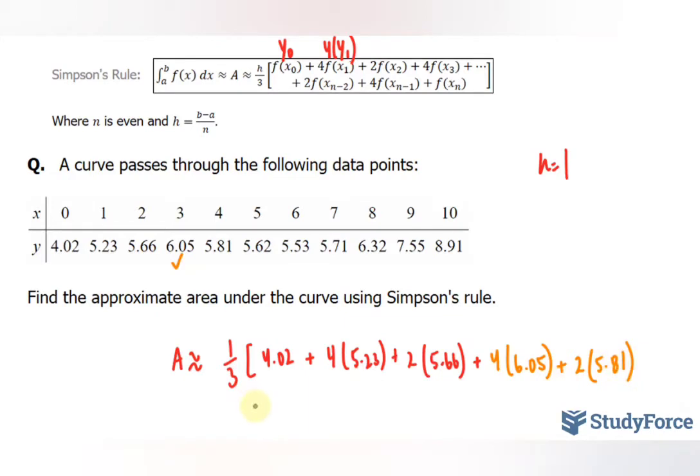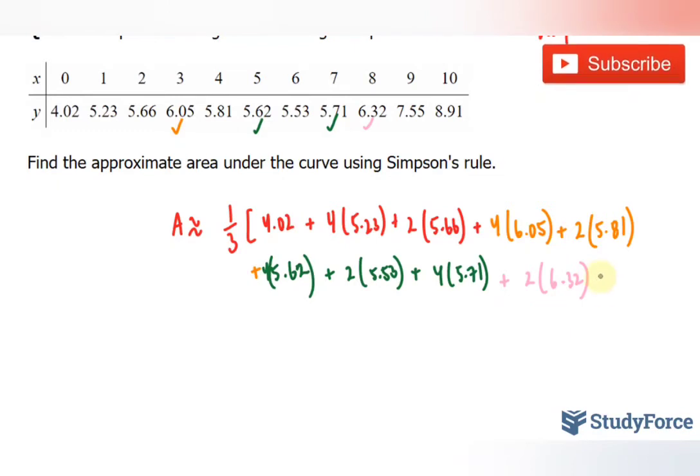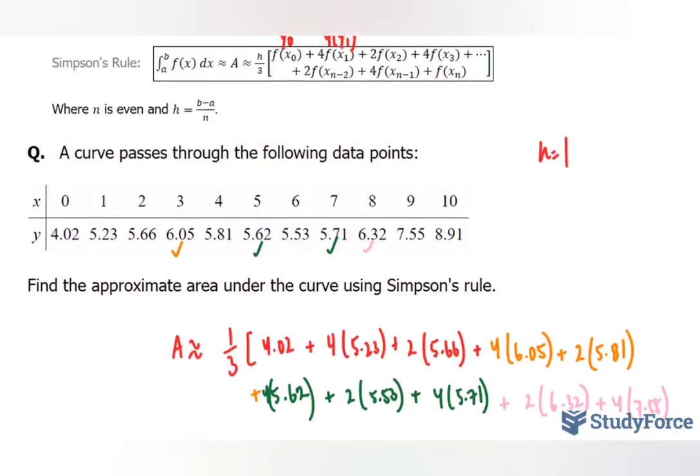5.08, plus, now we have 4 again, 5.62, plus 2 times 5.53, plus 4 times 5.71, plus 2 times 6.32, plus 4 times 7.55, and this is the interesting part here.